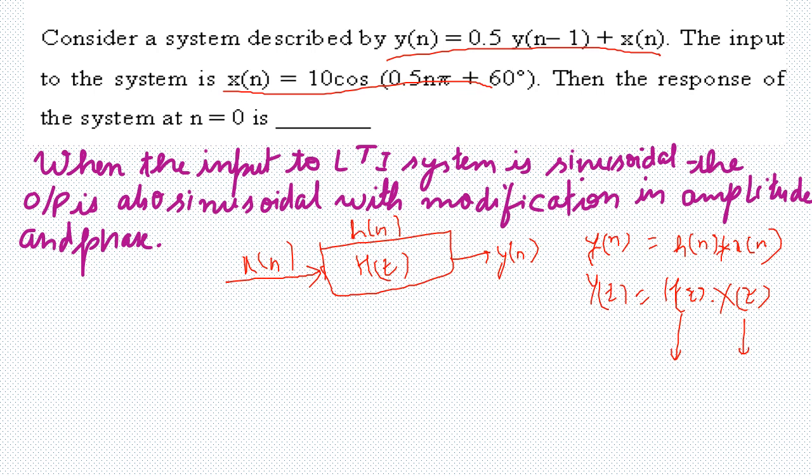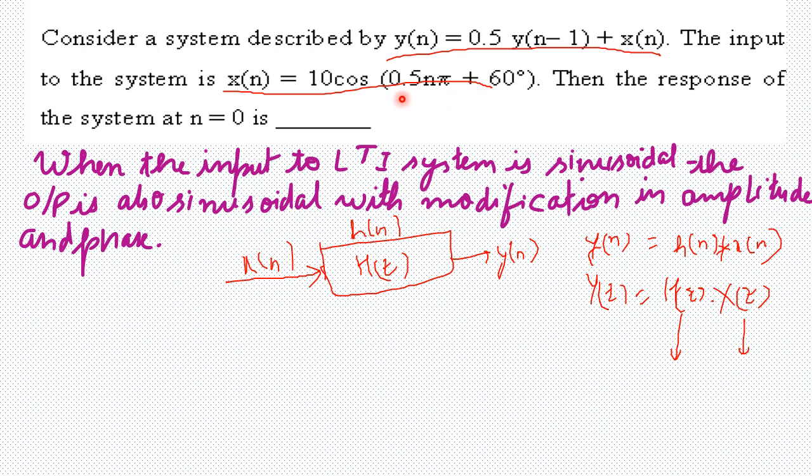So what we can see here is whether we can use a property of convolution, or say a property of sinusoidal inputs, to solve this problem. What we have noticed here is it's a sinusoidal input, and the LTI system is there.